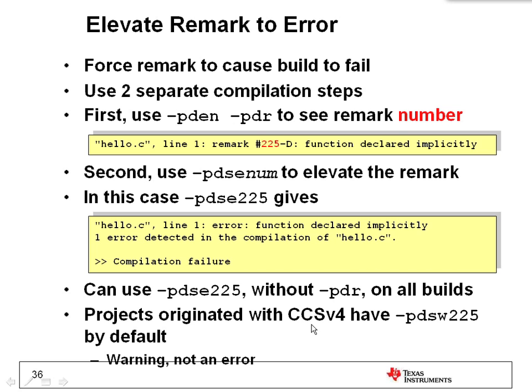If you're a CCS v4 user and you start a project from scratch within CCS v4, among the things that will be the case is the option -pdsw 225 will be set for you. So for projects started from scratch in CCS v4, functions declared implicitly are handled as a warning. So you'll see them, but it won't cause the build to fail. If you want to change that, now you know how to do it.